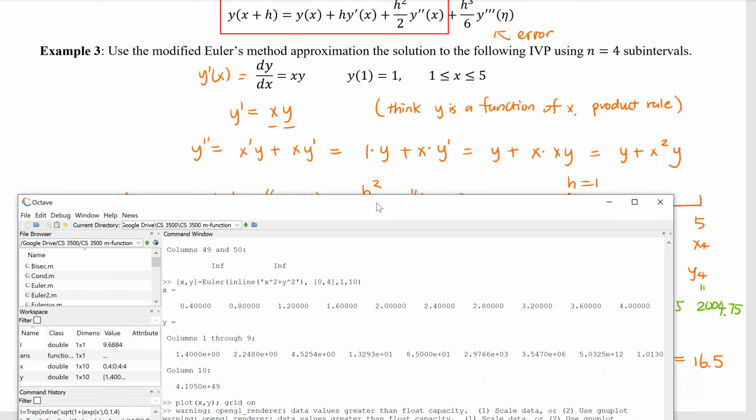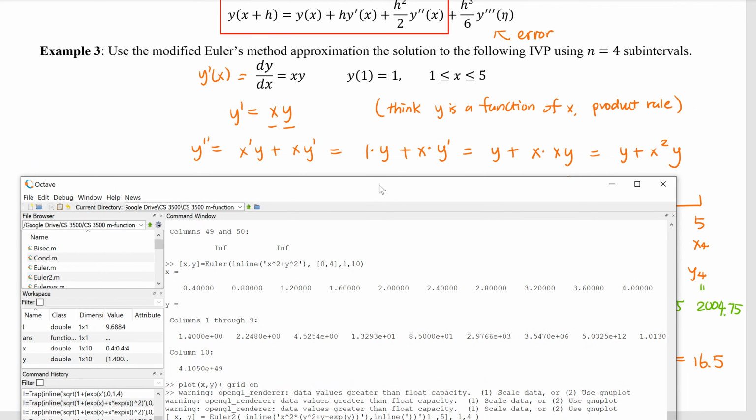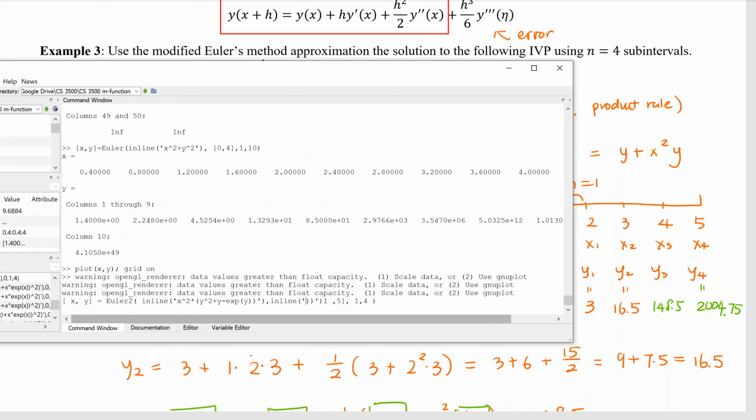Okay, y prime prime is y plus x squared y. So y plus x squared times y. Okay, and the y prime is just x times y.